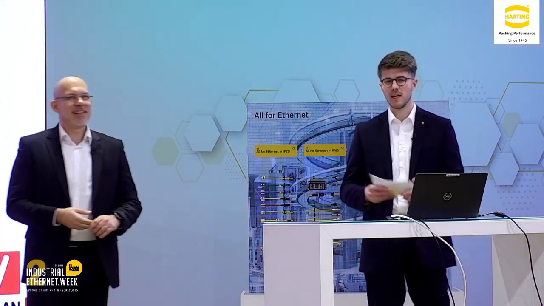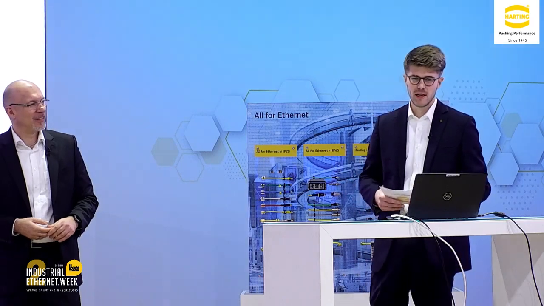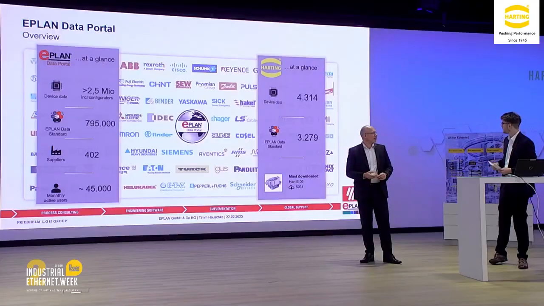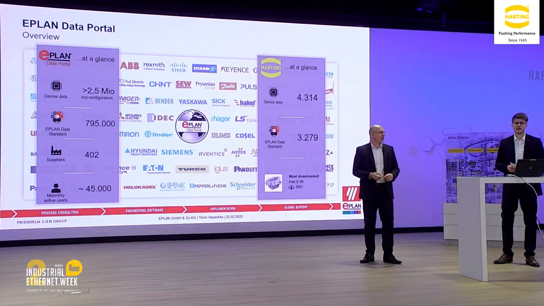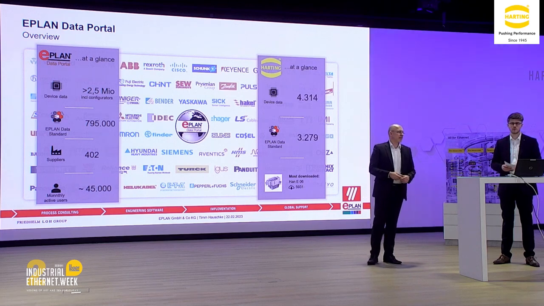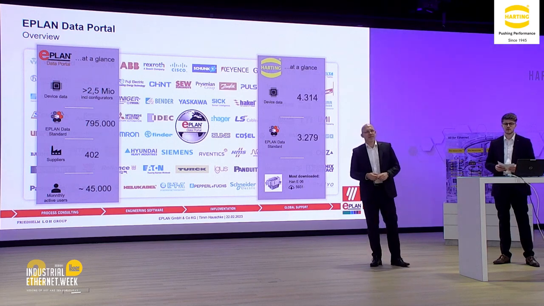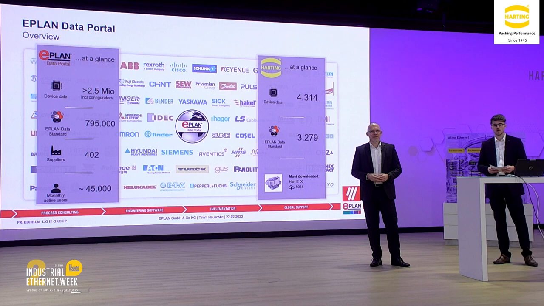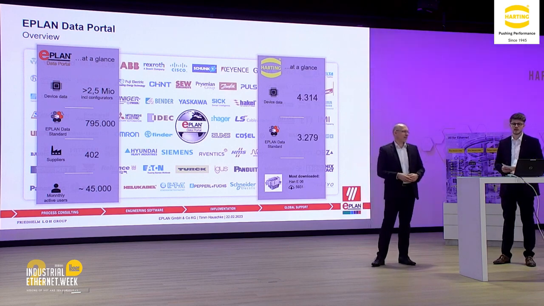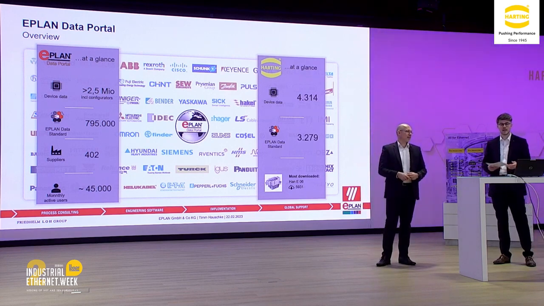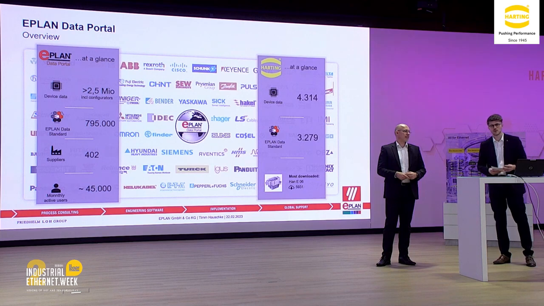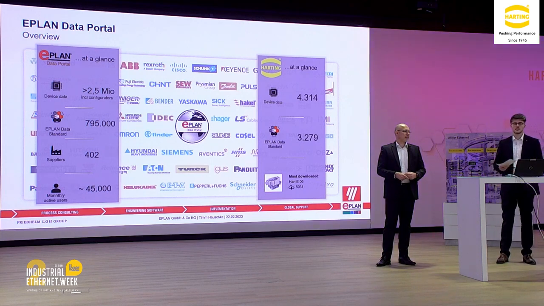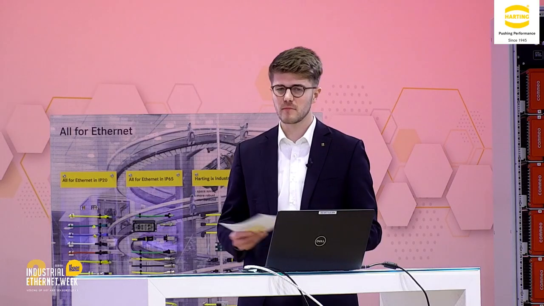Yes, you see this here on the right side of this slide. Harting has more than 4,000 products in the Eplan Data Portal, and more than 3,000 of them are EDS, or have an EDS standard. You see here also the product which is most downloaded.